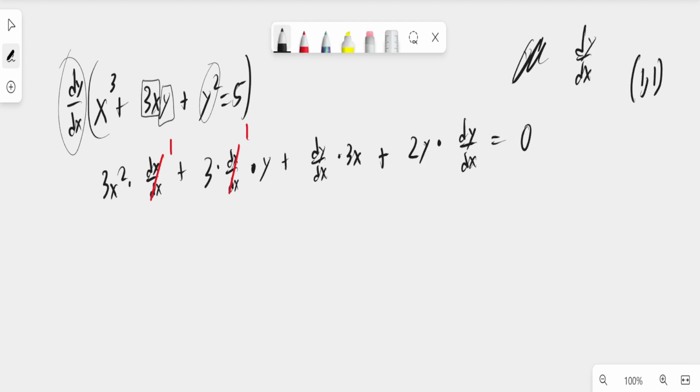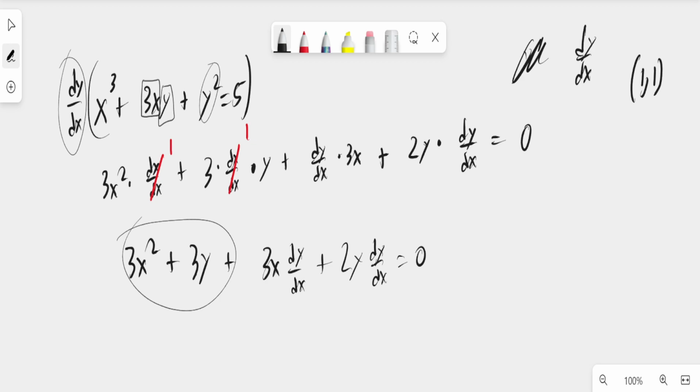No. Okay, so it becomes 3x squared plus 3y plus 3x dy/dx plus 2y dy/dx is equal to 0, right? Now we can move the terms that don't have any dy/dx onto that side. So 3x dy/dx plus 2y dy/dx is equal to minus 3x squared minus 3y.